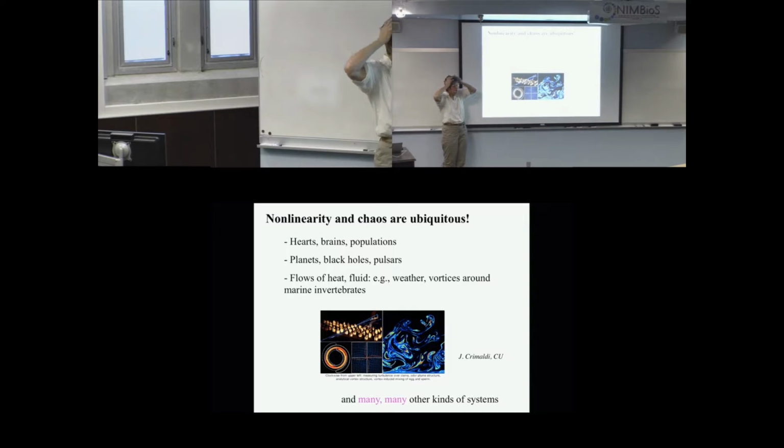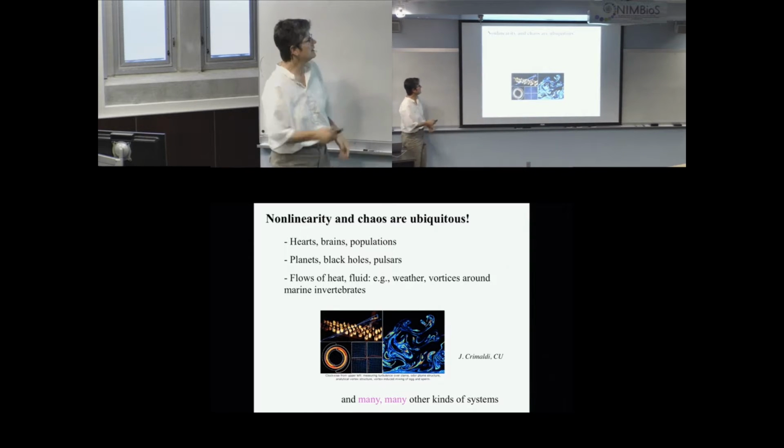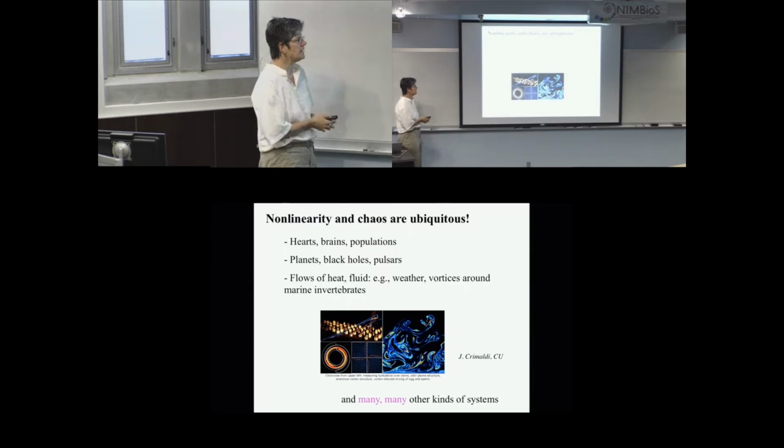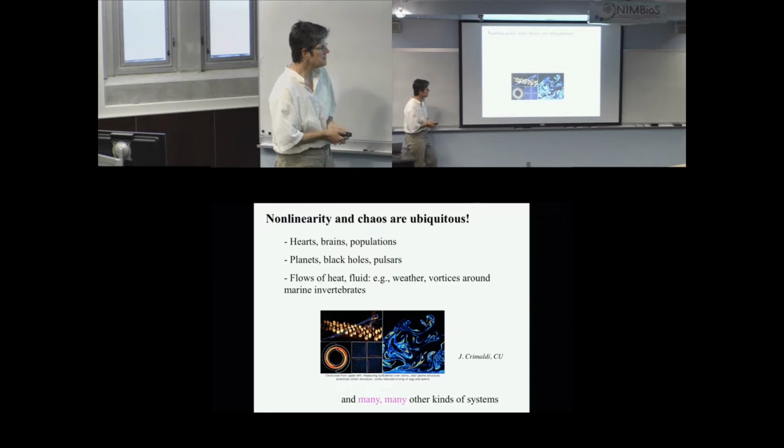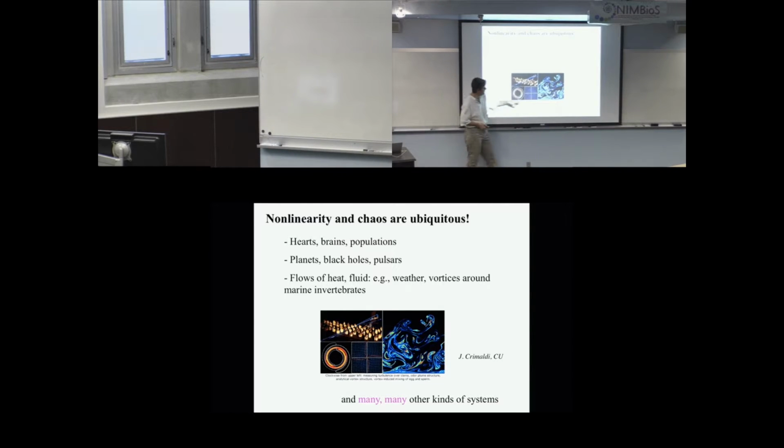And the heart is normally mostly periodic, but ventricular fibrillation is a chaotic state that kills you. Anyway, so there is this stuff around in our lives. There's a lot of it in celestial mechanics, and there's a ton of it in fluid flows. This is my colleague John Cromaldi at CU, who investigates how corals use chaotic mixing to bring the egg and the sperm together.